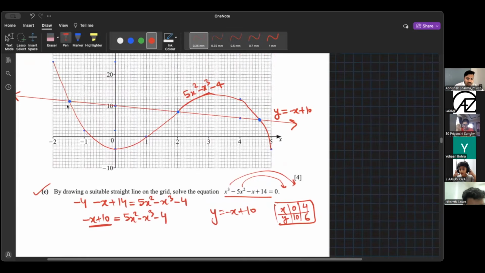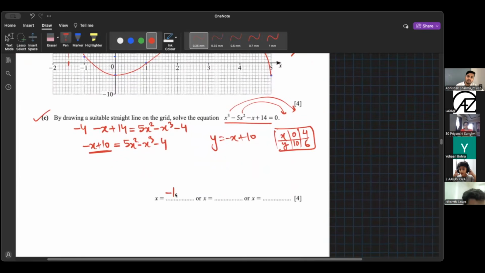It is how much? Minus 1.5, I think, minus 1.545 or something like that. It's somewhere here at this point. Counting the divisions, we can say minus 1.6.